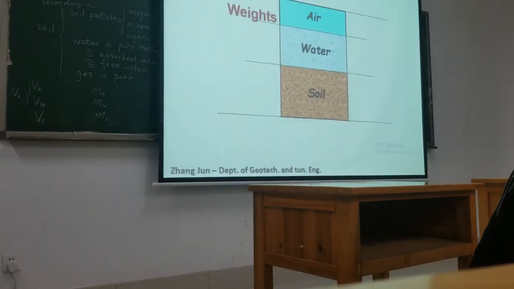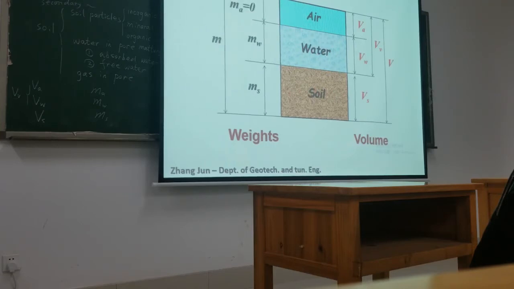And next, from the three-phase diagram, we can give the parameters of every phase, the mass and the volume of every phase. VV means volume of void.